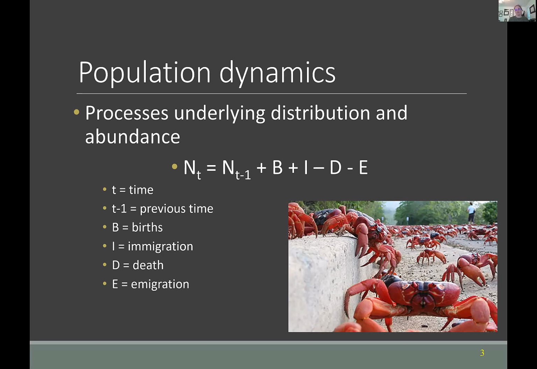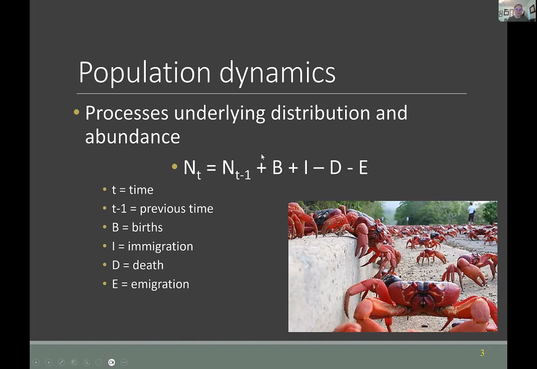If you want to look at how much change has occurred in the last year, it'd be a year ago. If you want to look at how much change has occurred in 10 years, you would have to know your starting population from 10 years ago, know how many individuals were born into that system, how many individuals died or moved in or moved out between different populations. So that's what we're looking at here.